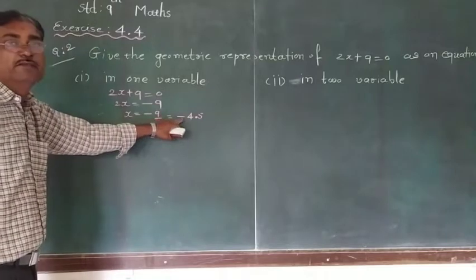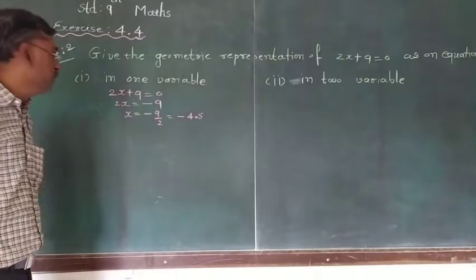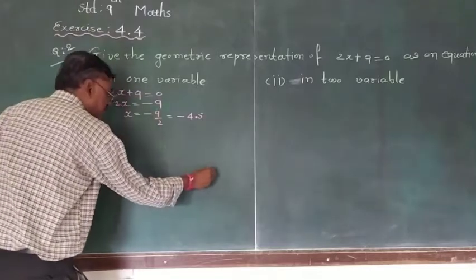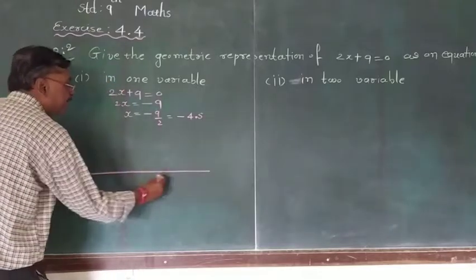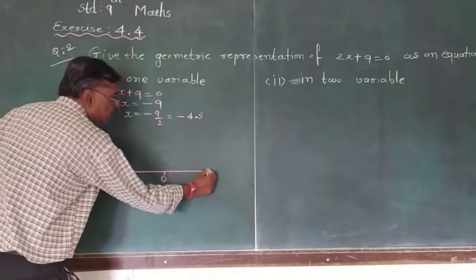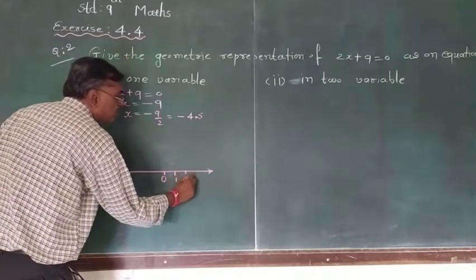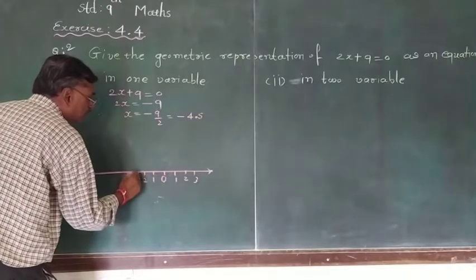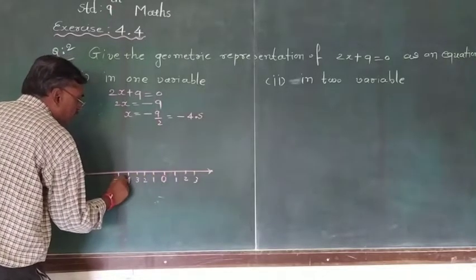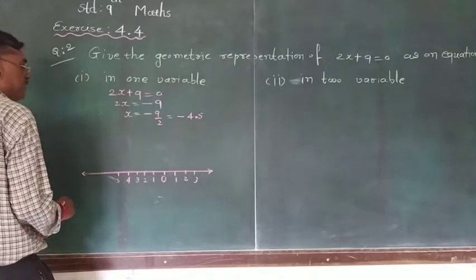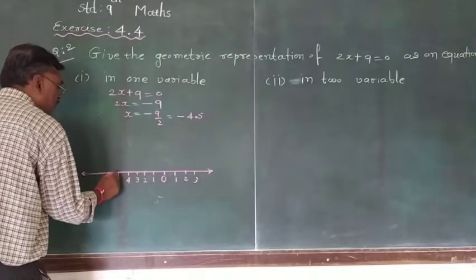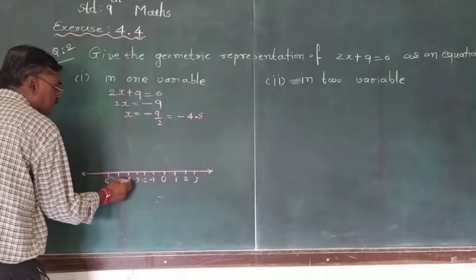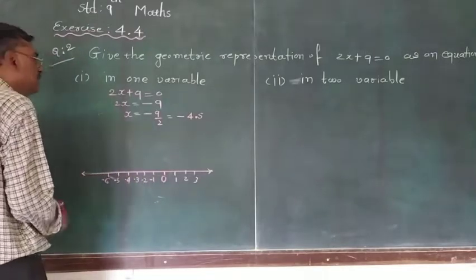4.5 means in between 4 and 5. Okay, x equal to, we did not draw the y axis. 0, 1, 2, 3, 4, 5, 6, and minus 1, minus 2, minus 3, minus 4, minus 5, minus 6.